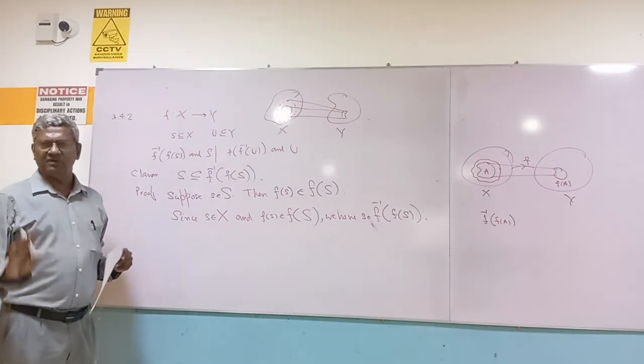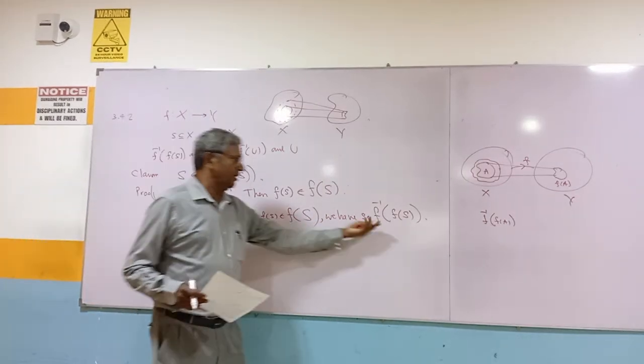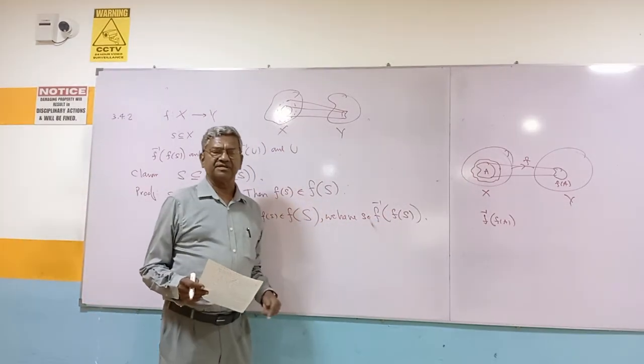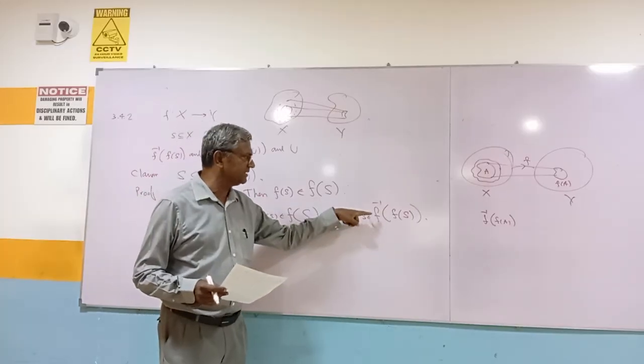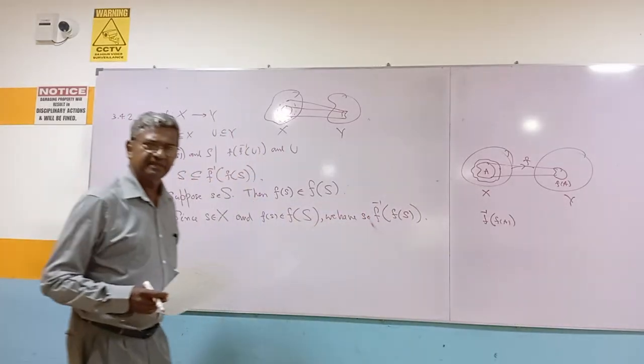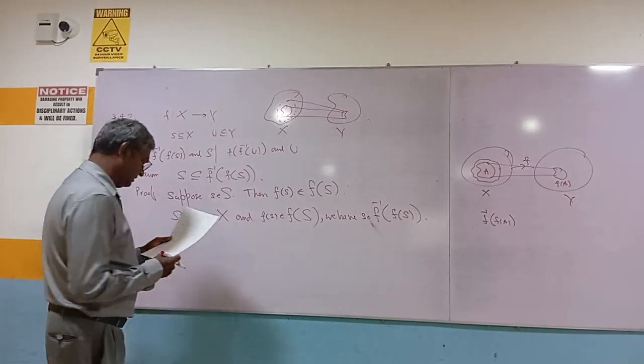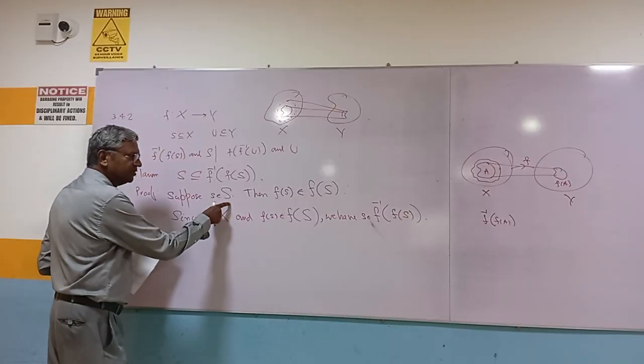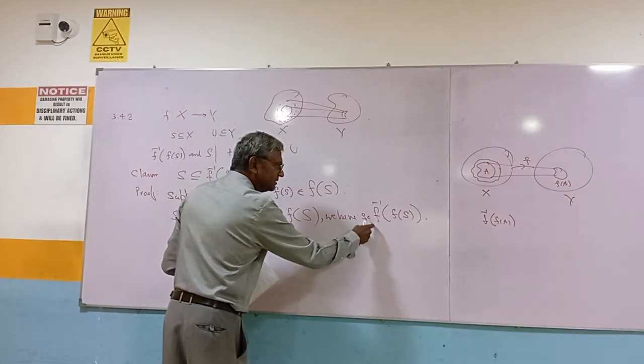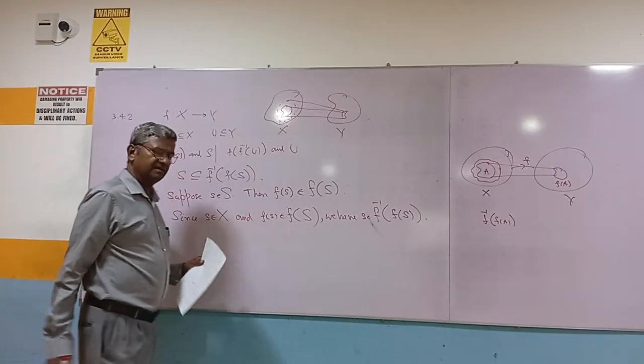By definition, this means the pre-image of F of S, not the forward image, under F inverse. So I took any s belonging to S, and I have proved that it belongs to that set.